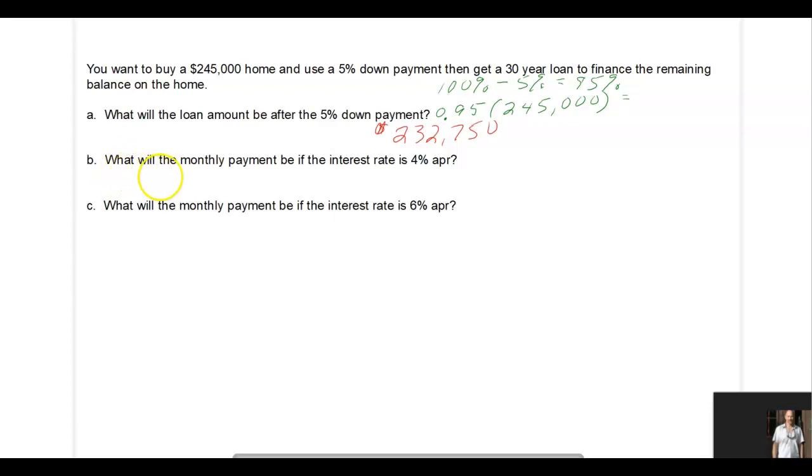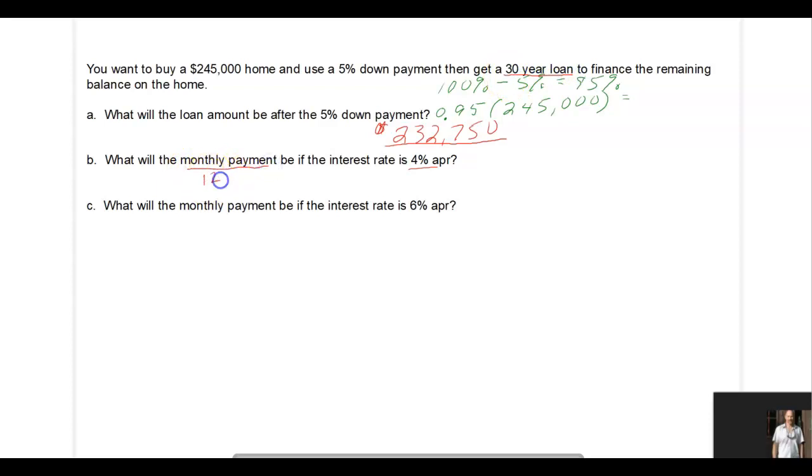So now we ask, what will the monthly payment be if the interest rate is 4%? Our loan amount is $232,750 now, not the 245,000. We have a loan rate of 4%, and we have a 30-year loan, and these are monthly payments.